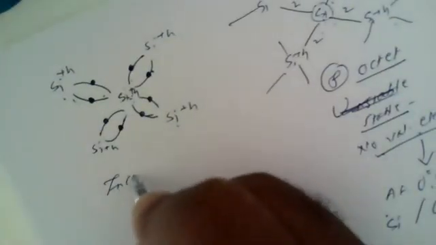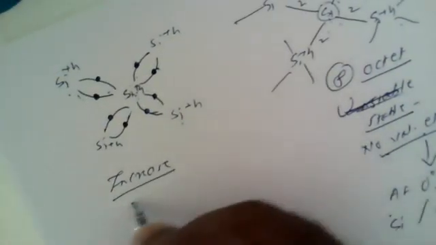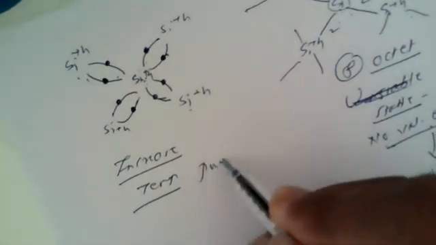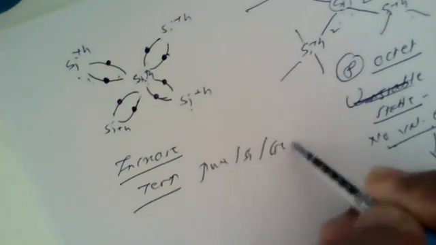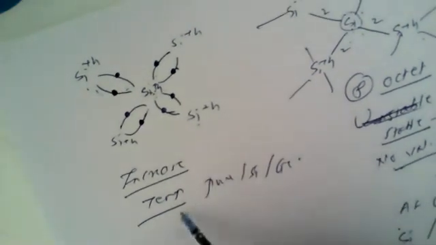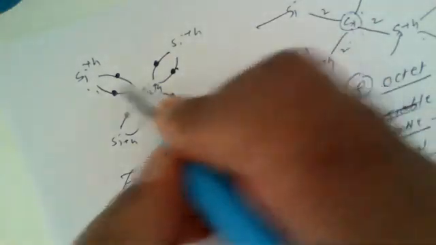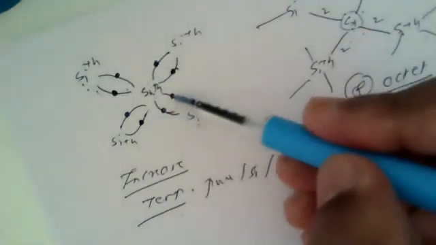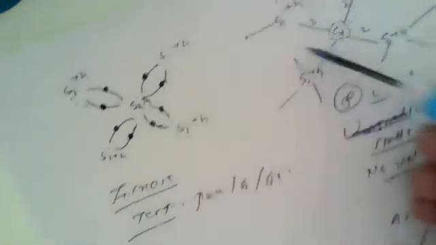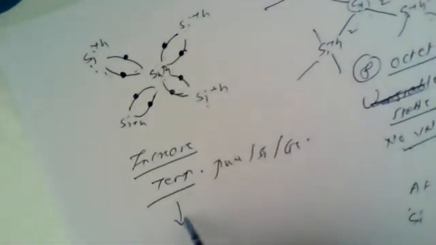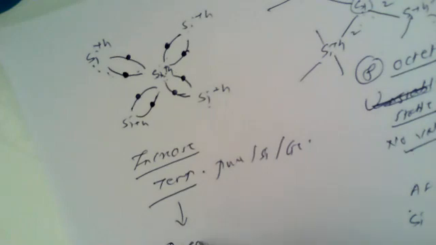But if we increase the temperature of the pure silicon or germanium crystal, then because of the increased temperature, the bond between this silicon and this silicon, either of these bonds, breaks down.